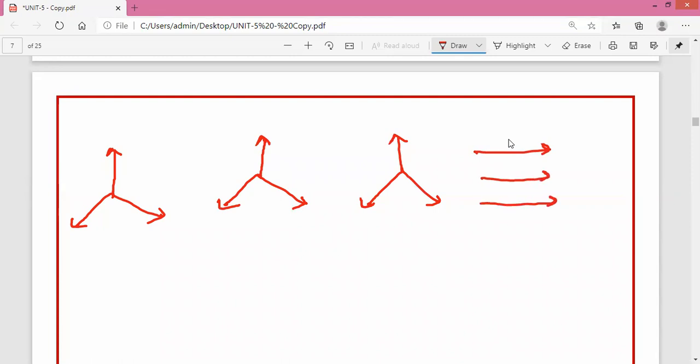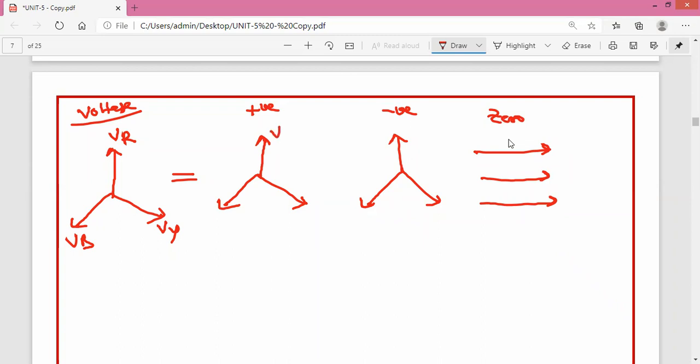I am representing voltage only; similarly, you can represent current and impedance also. So this is an unbalanced R phase, unbalanced Y phase, and unbalanced B phase. These unbalanced parameters are represented using three sets of components: a positive sequence component, a negative sequence component, and a zero sequence component.